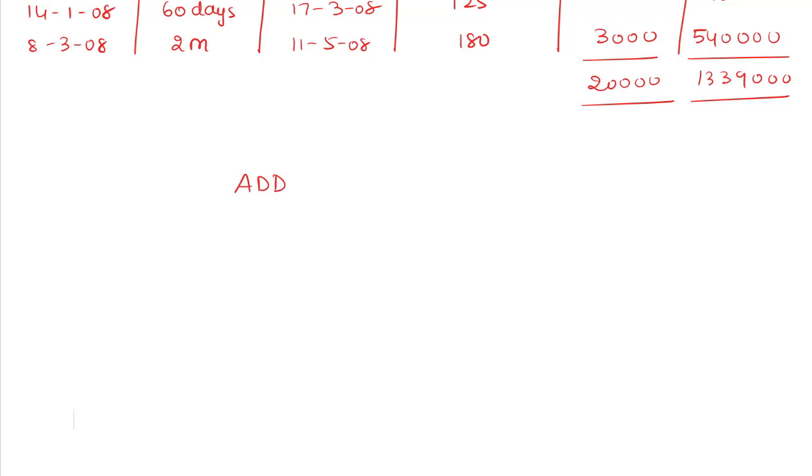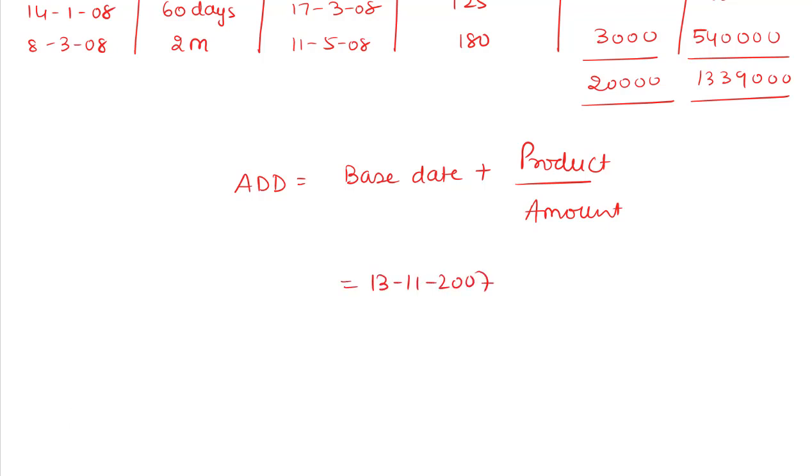Average due date equals base date plus product divided by amount. This is the base date, and this is product divided by amount.